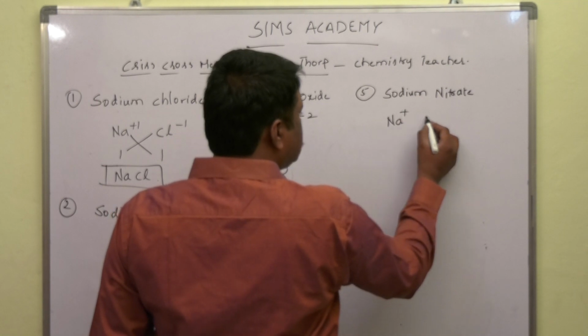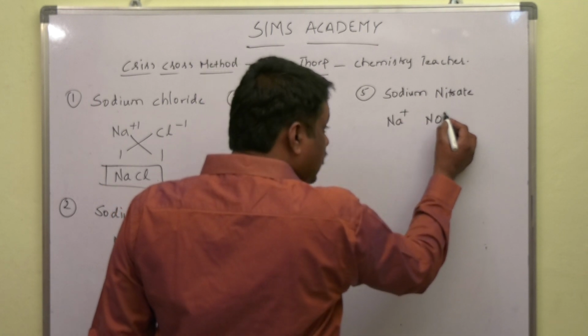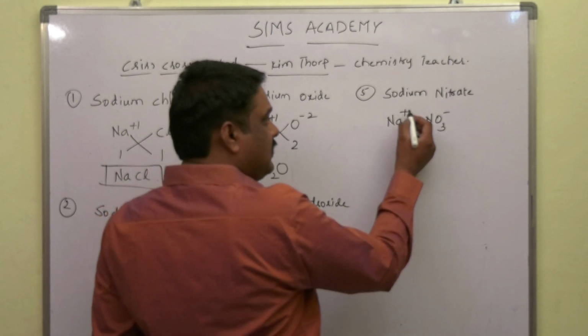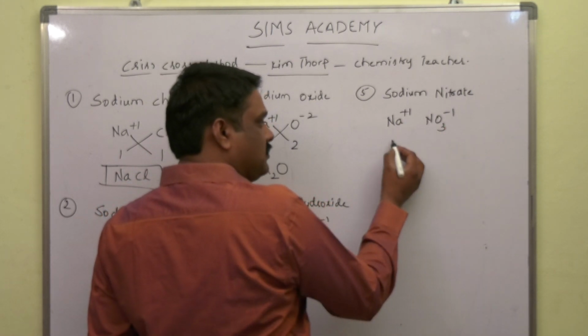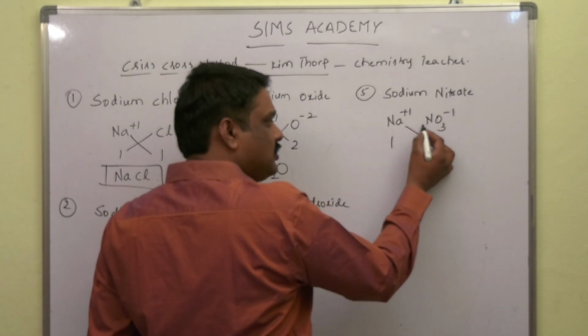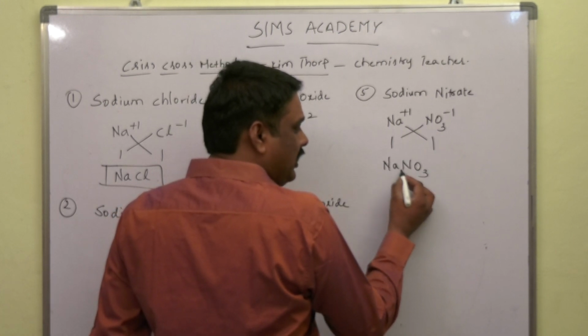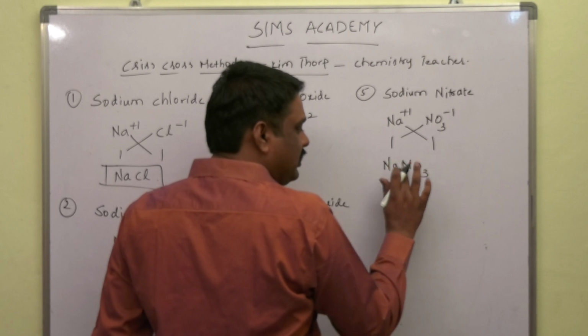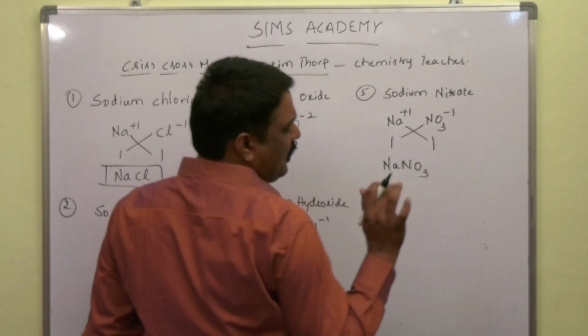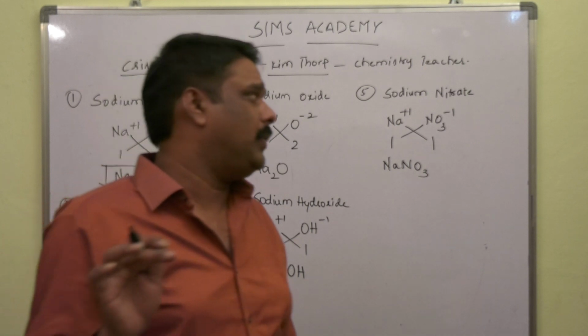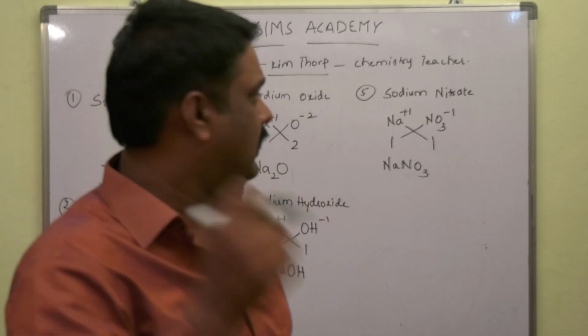Sodium Na plus, nitrate NO3 minus. This is plus 1, this is minus 1, again Criss Cross, NaNO3. The 1 we did not mention here. Sodium nitrate formula is NaNO3.